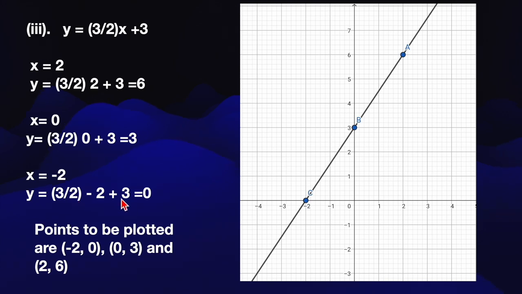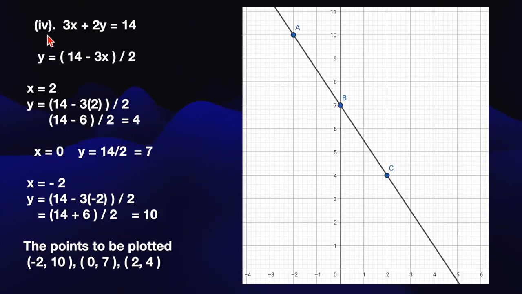Minus 3 plus 3 is 0. So when the x coordinate is minus 2, the y coordinate is 0. So minus 2 is here, the y coordinate is 0, and this point is the third point. Join all the 3 points, you will get this line, which is this equation.